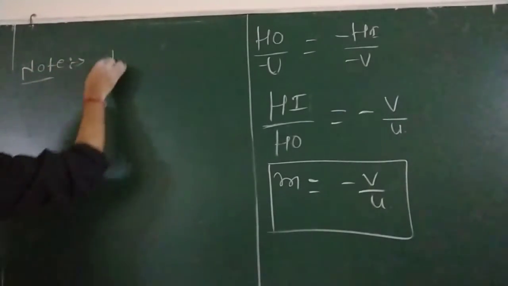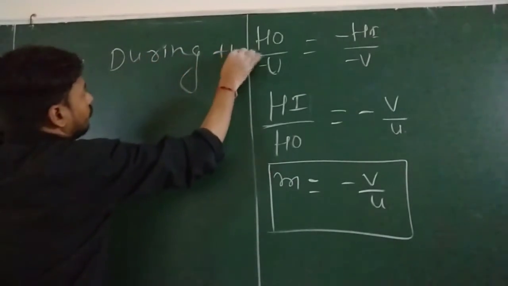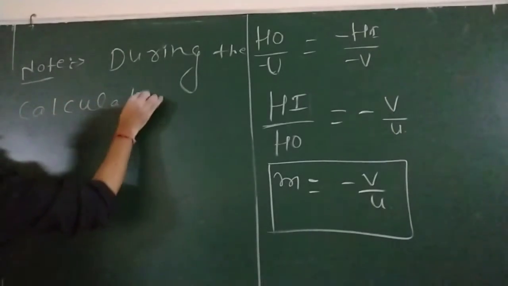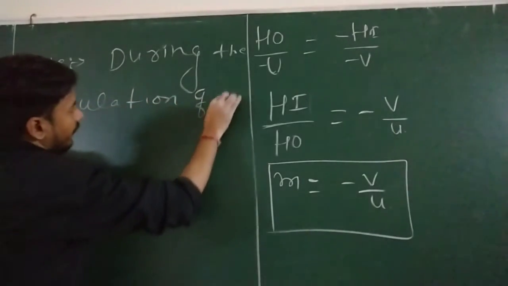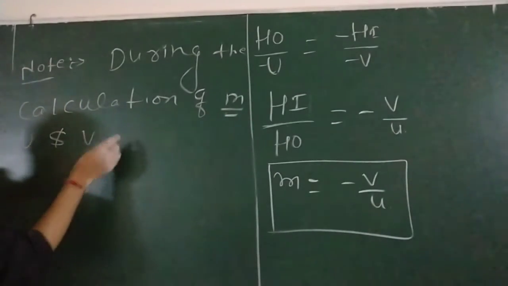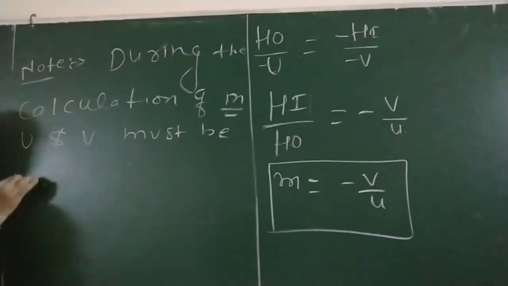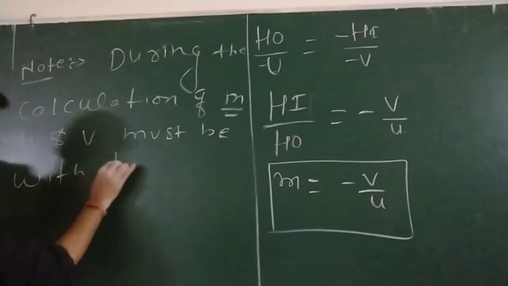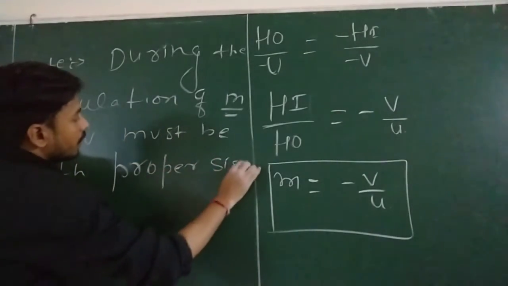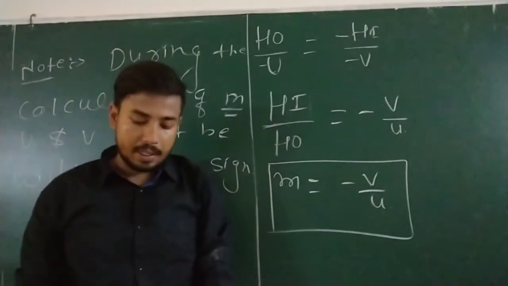During the calculation of magnification, m, u and v must be taken with proper sign. So this is the formula of magnification.